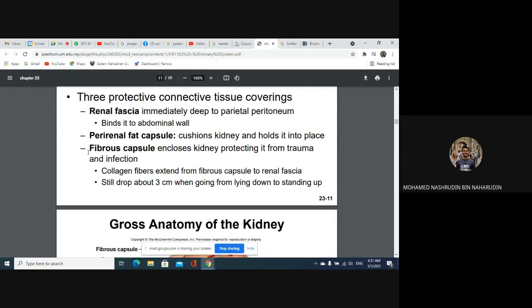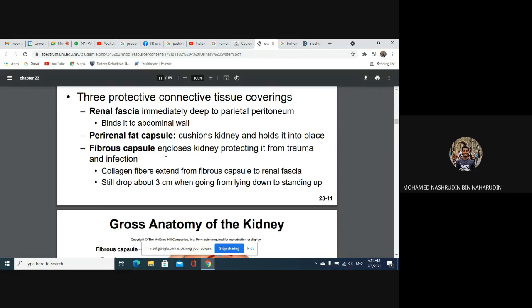And then the fibrous capsule encloses the kidney, protecting it from trauma and infection. At the end, outside of the kidney, before it reaches the organ itself, there's a fibrous capsule.